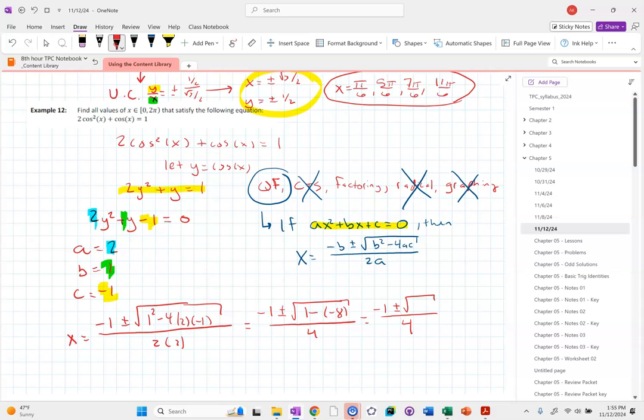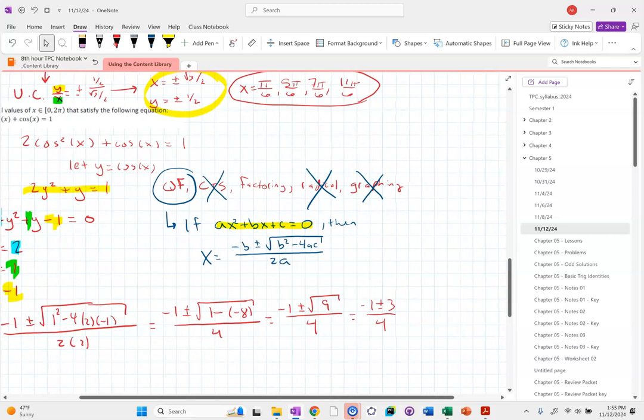Not negative 10, not negative 9, not negative 8. 1 minus negative 8. 9. I thought it was 1. Okay. What's the square root of 9? 3.